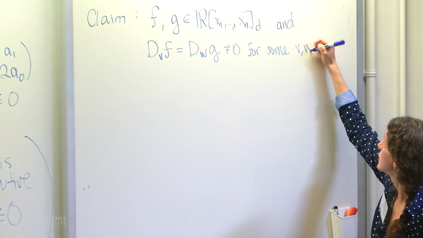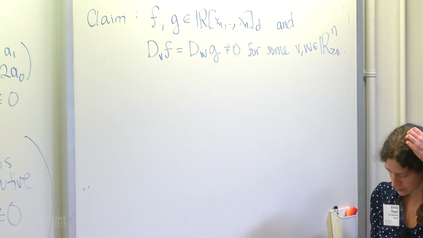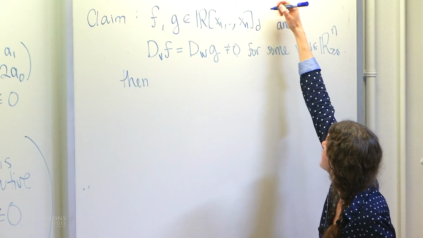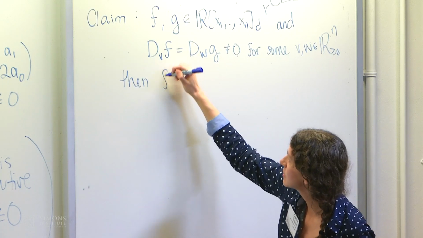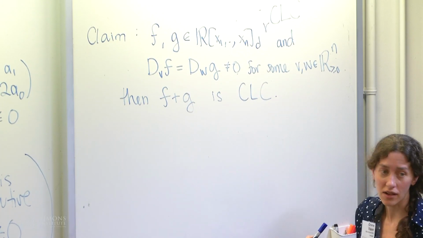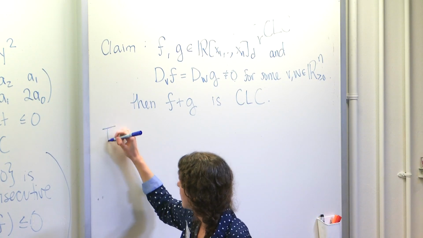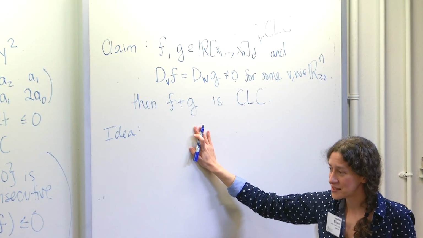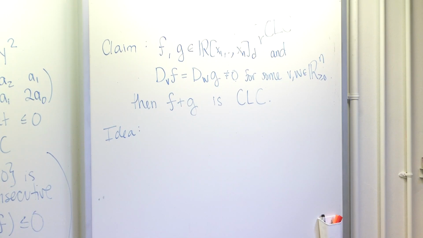Some non-negative vectors V and W. Then I claim these are completely log-concave, and they have a common derivative. Then I claim the sum is completely log-concave. And the idea is really that when you get down to taking derivatives and getting down to quadratics, they're going to have a common interlacer here in this picture.